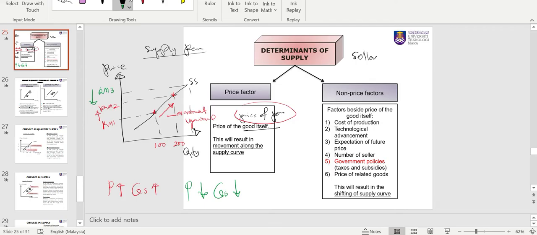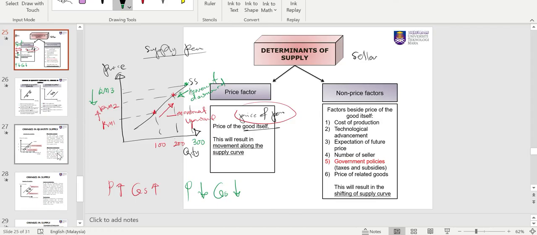So originally when the price is RM3, they are willing to sell 300 pens, but because the price decreases to RM2, they are willing to sell only 200 pens. What happened here? It moved from this point to this point. So we call this a movement downward along the supply curve.